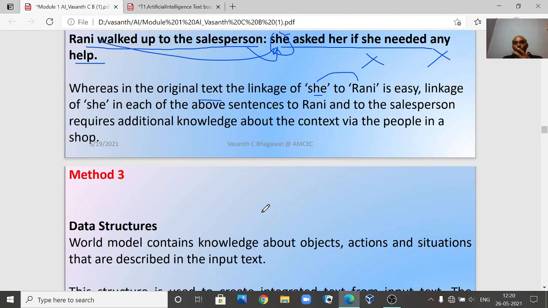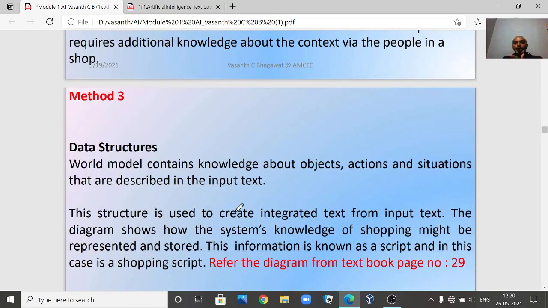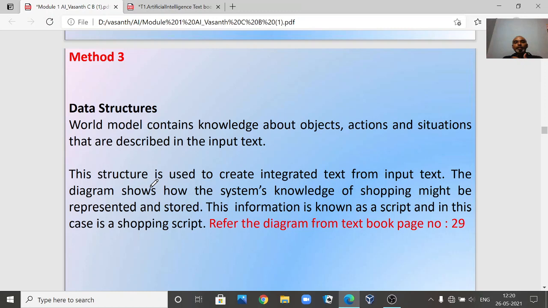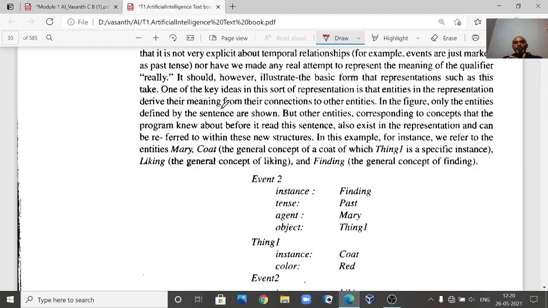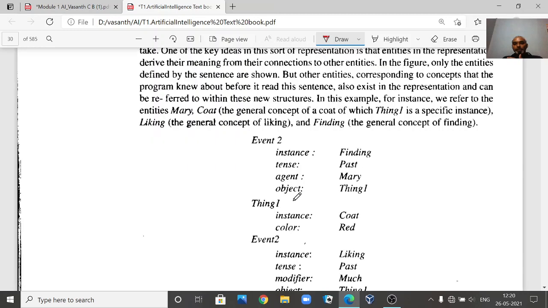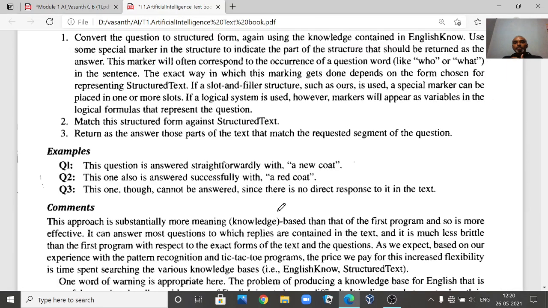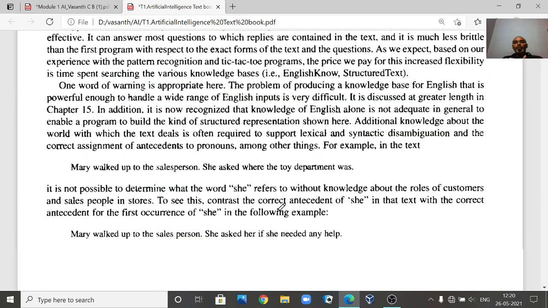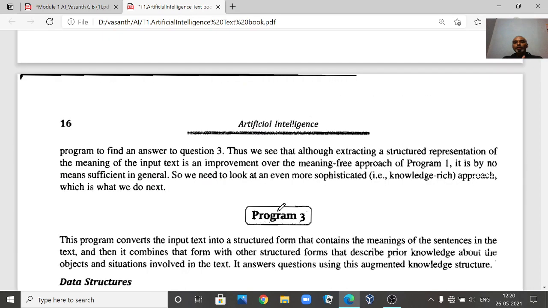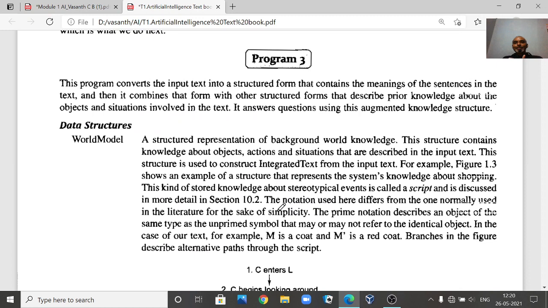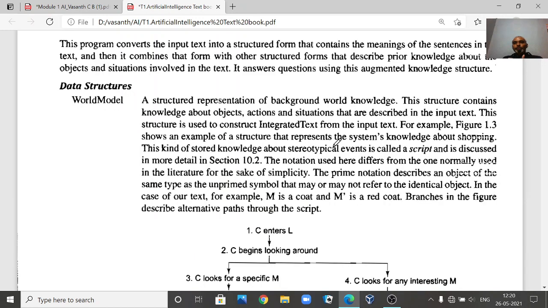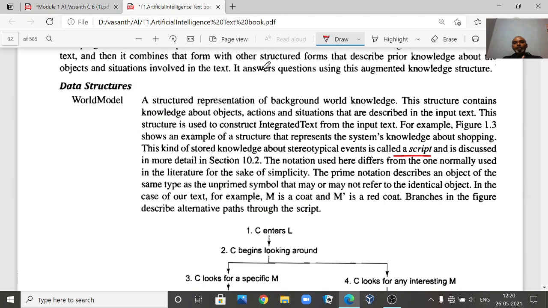To overcome these types of pronouns, or to handle this type of knowledge, we go for another structure. We don't use slot and filler structures like this. Now we try to represent our knowledge in another type of representation, which is called a script. So this is the third way in which we can try to solve this particular problem.